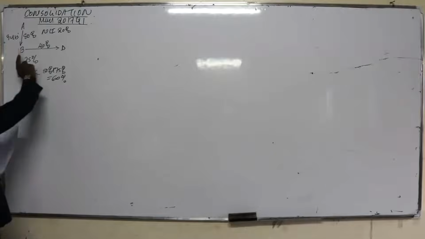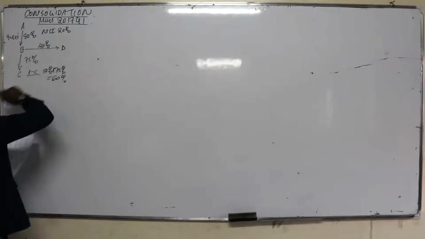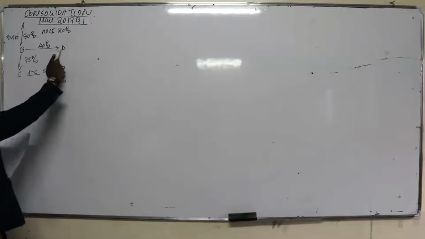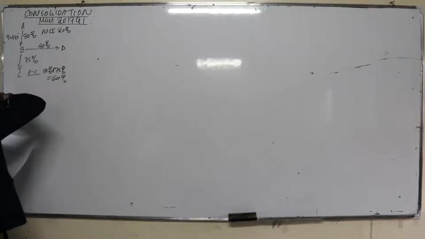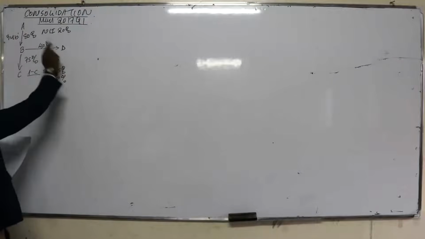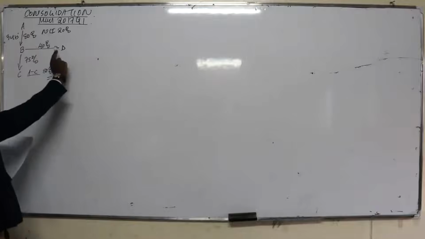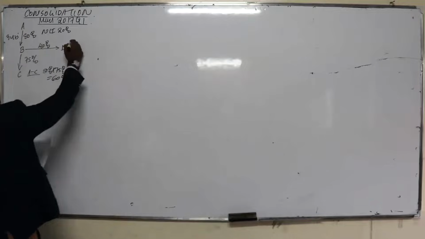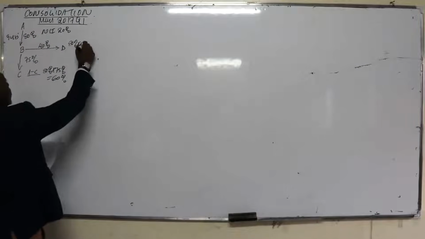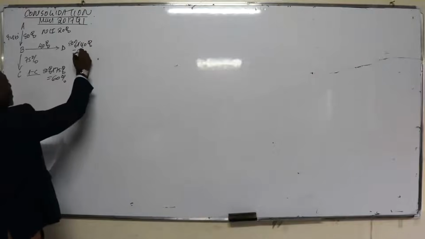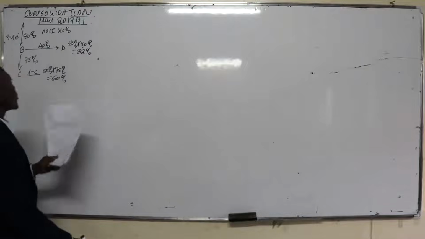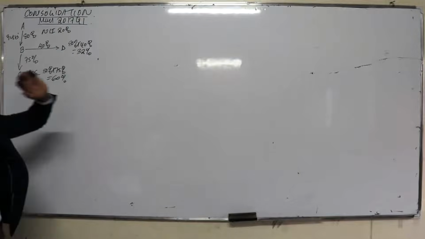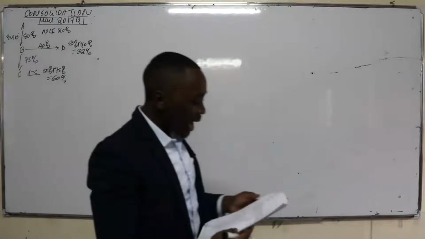Then B also acquired D, 40%, so D is an associate of B. Therefore, how does A control D? A has significant influence in D through B, and that is 80% of 40%, which is 32%. So we have a subsidiary, a sub-subsidiary, and an associate. We say that we don't consolidate an associate.